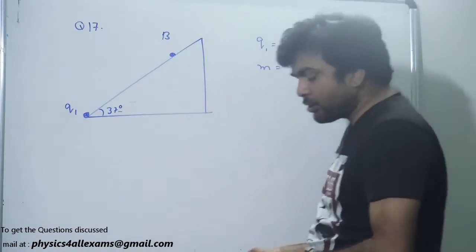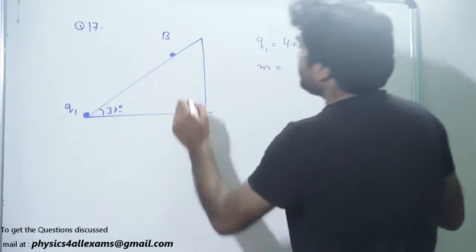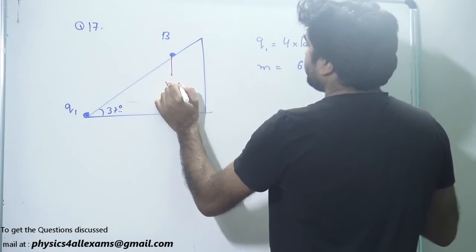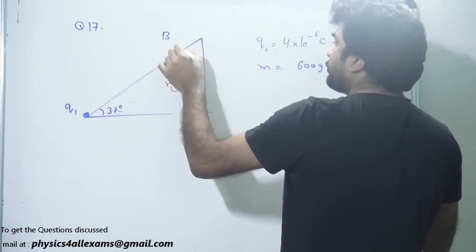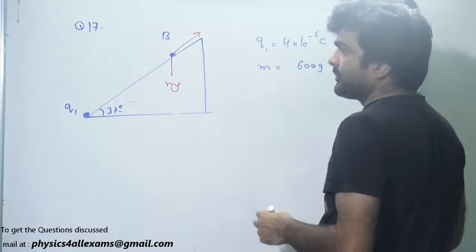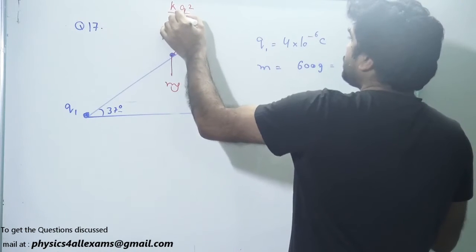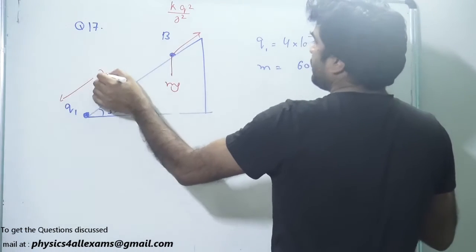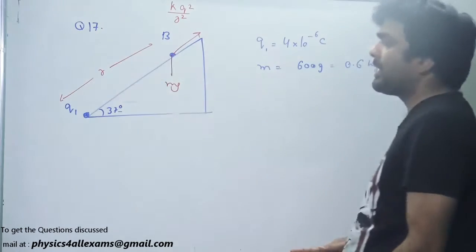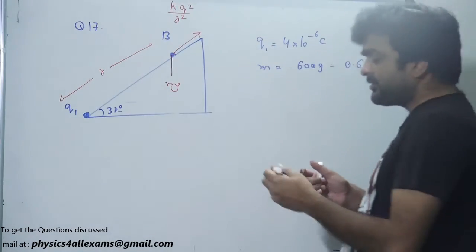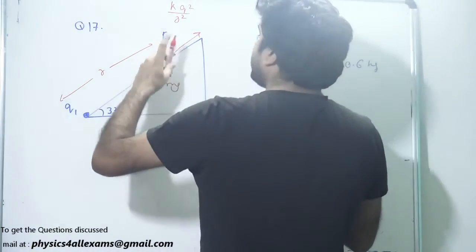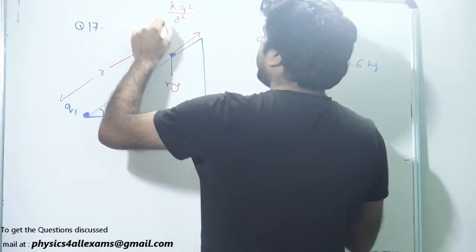So forces acting on charge B will be its own weight mg, the electrostatic force kQ^2/r^2, where r is the distance between these two, as well as the normal acting perpendicular to the inclined plane.